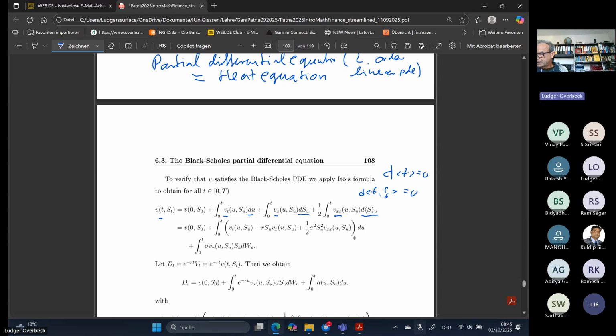Okay, so we now collect everything, as we have done in some instances before. We look at all the integration with respect to du. So this means we get this one. And the quadratic variation of S_u.